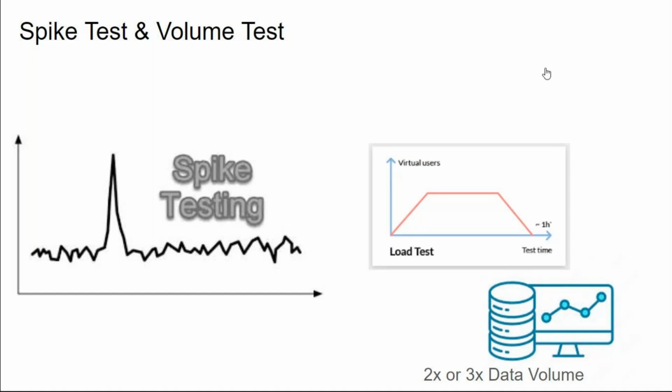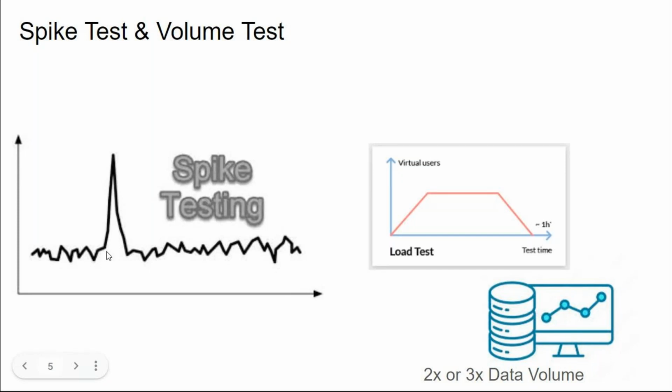Sudden traffic may be, for example, if there is any sale going on in an e-commerce website, say the sale is going to be live for like 10-15 minutes, right? So the normal load will be there, and at that particular time, more people will be logging in and purchasing, right?